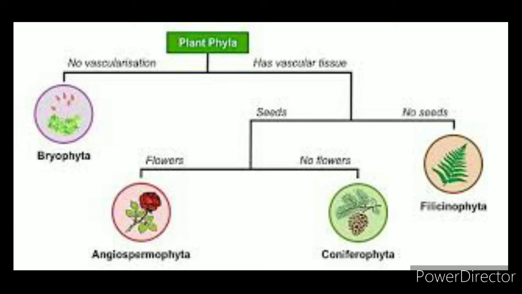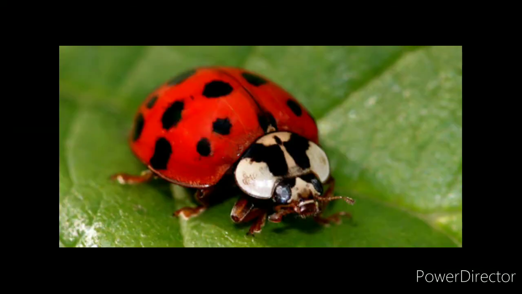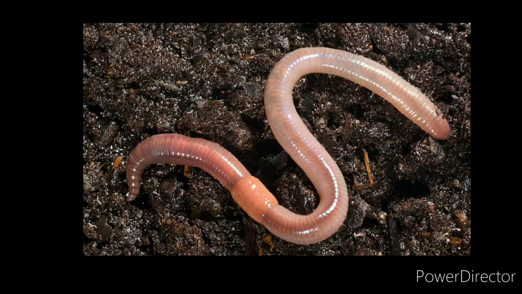Now I'll be giving three examples of organisms that belong to the animal phyla. This is the first example. Please observe this picture, identify the characteristics and try to classify them according to the identification key I'll be giving after showing this specimen.